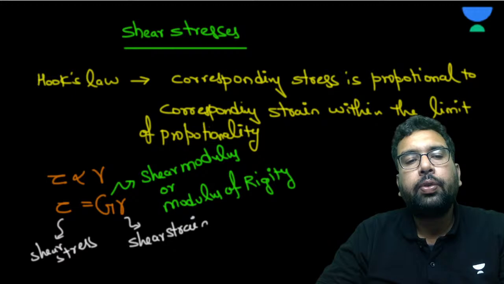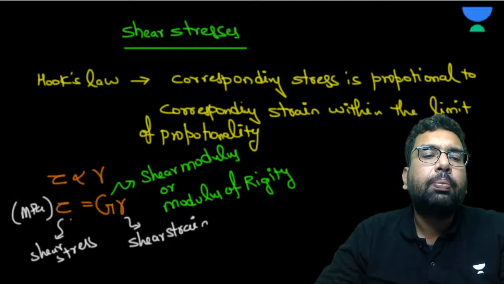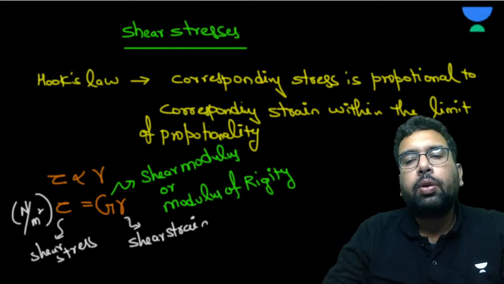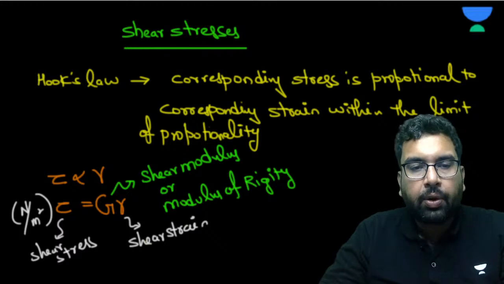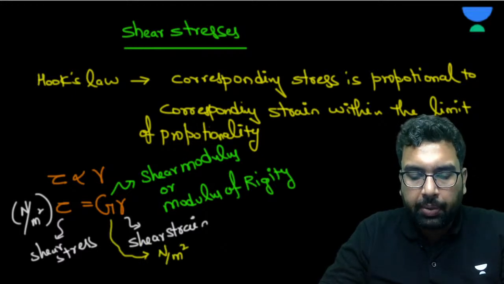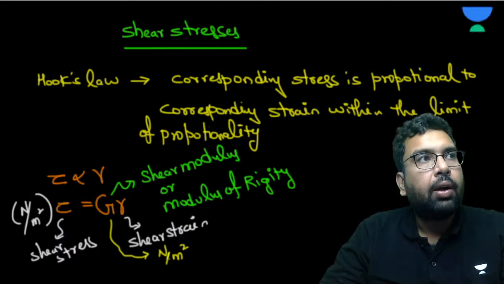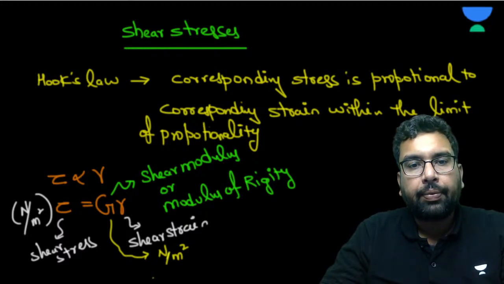So what is the unit of stress, sir? This is megapascal or gigapascal or Newton per meter square, whatever you say. So what will be the unit of G? It will be Newton per meter square.